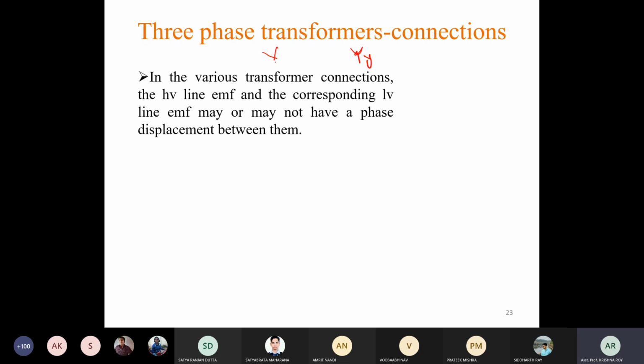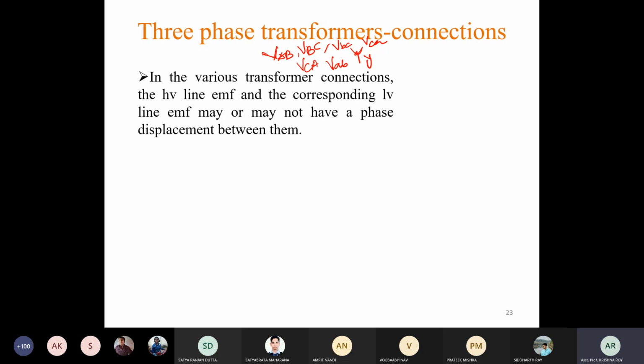If the lines are denoted by the symbols A, B, C, that is the three phases, then you will have three line EMFs VAB, VBC, VCA, same as in the low voltage winding, VAB, VBC and VCA.